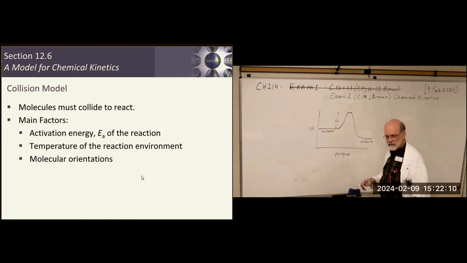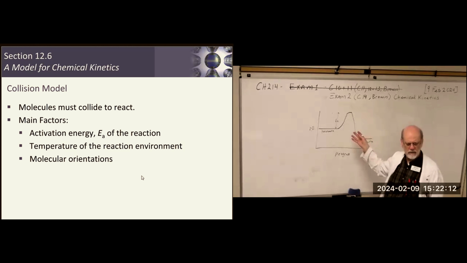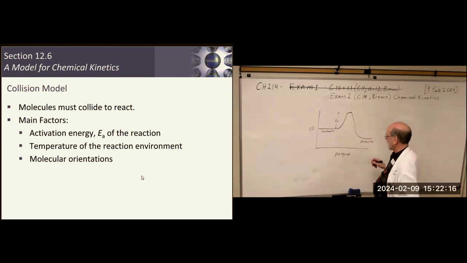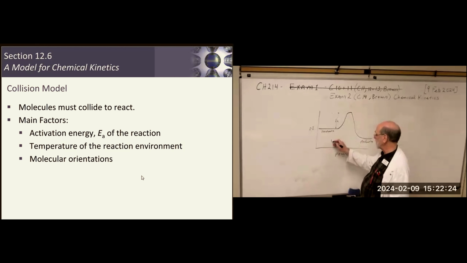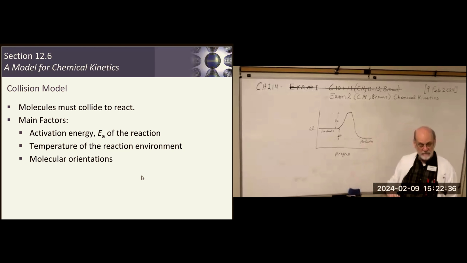at that energy level. Have I shown you this one before? Okay. So if the potential energy of the reactants is up here and the potential energy of the products is here, that means the difference between the two, right here, is delta H. That's the enthalpy of the reaction.